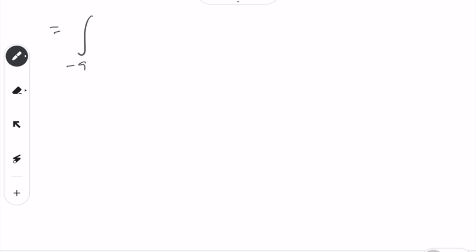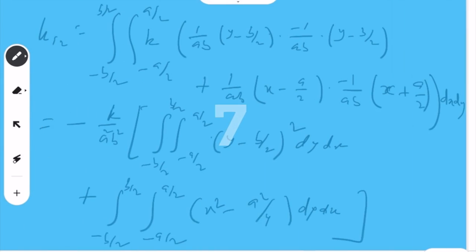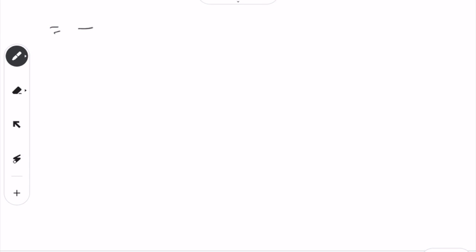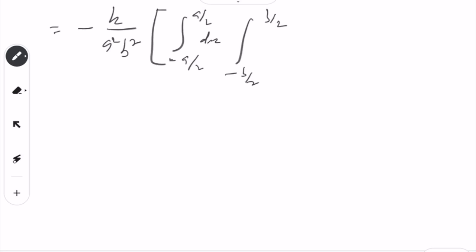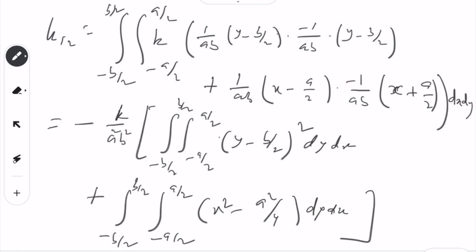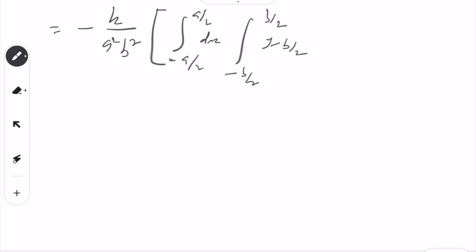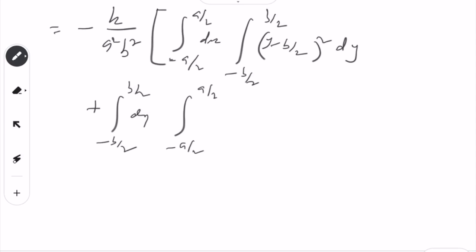We also have something in common, so we have to write first: common minus k over a square b square, and then minus a over 2 dx minus b over 2, and then we have y minus b over 2 square dy, plus minus b over 2 dy, and then minus a over 2 x square minus a square over 4 dx.